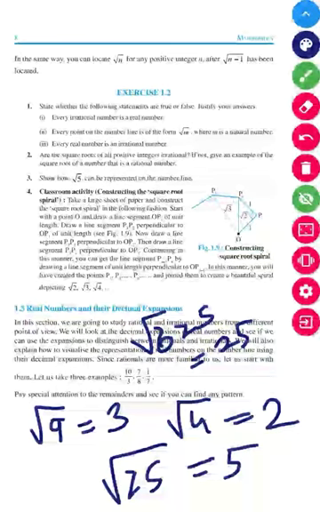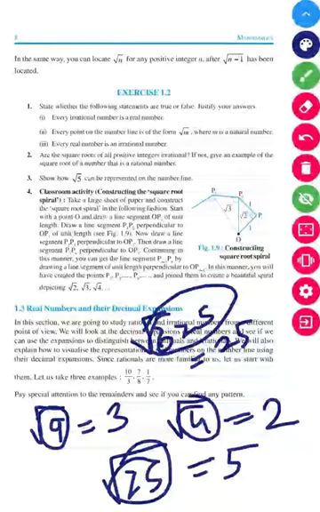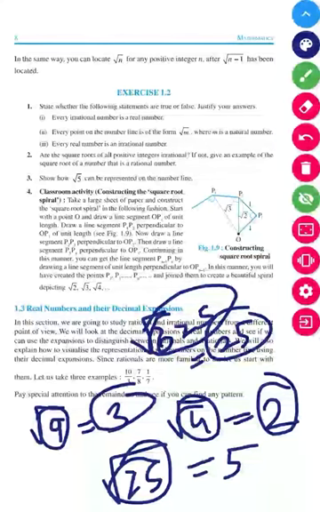So this shows that all these are square roots of positive integers. Like 9 is an integer, 625 is an integer, 25 is an integer, and the same with 4. Yet we have the square root of a number which is a rational number.